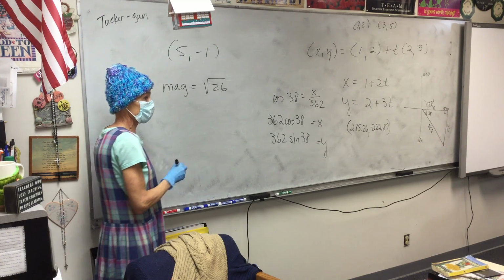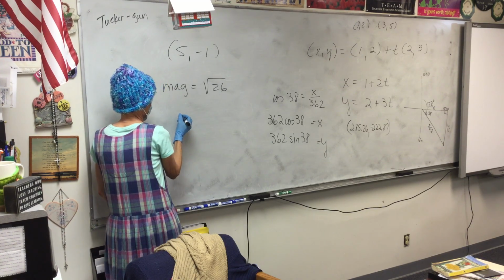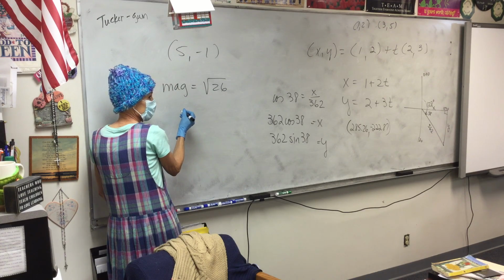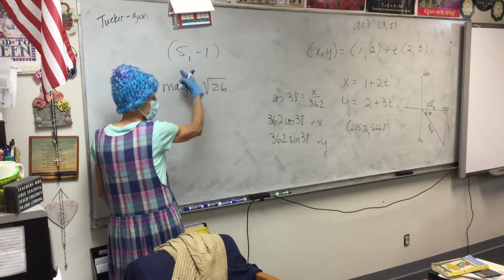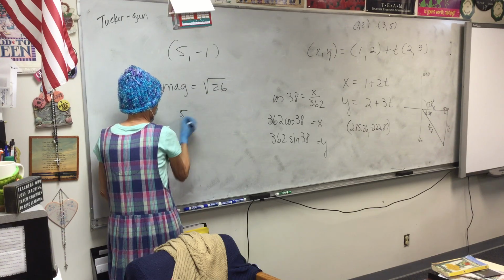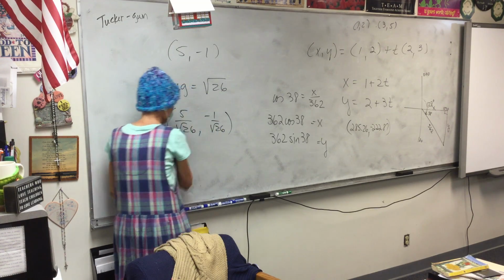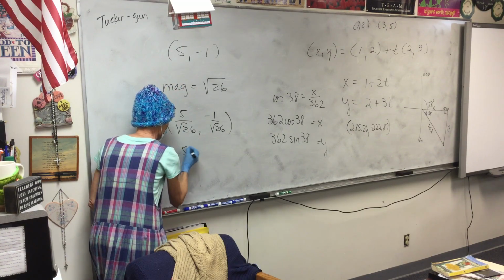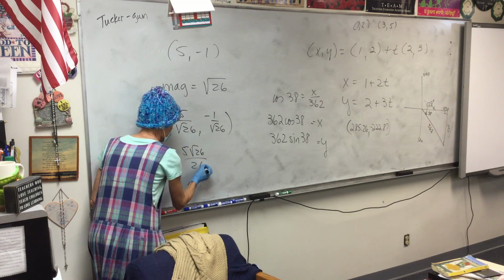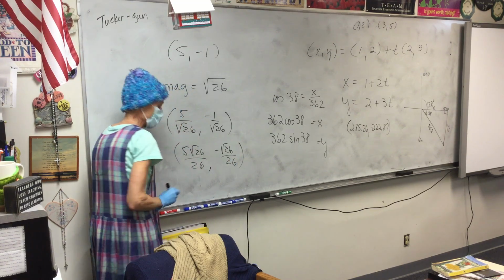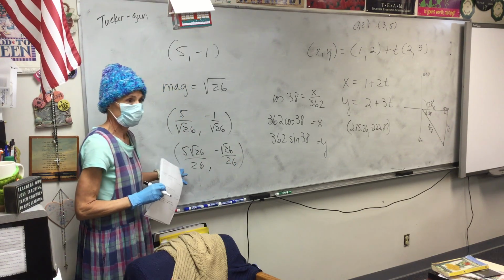Now, how do I get the unit vector then? Divide both of those numbers by root 26. And then rationalize as necessary. That was on your quiz too, wasn't it?